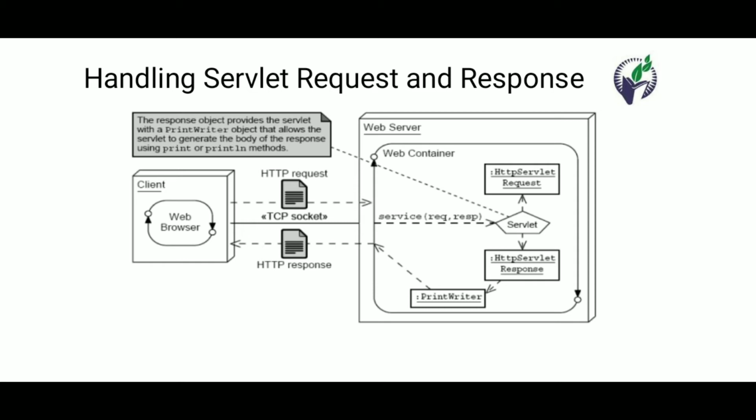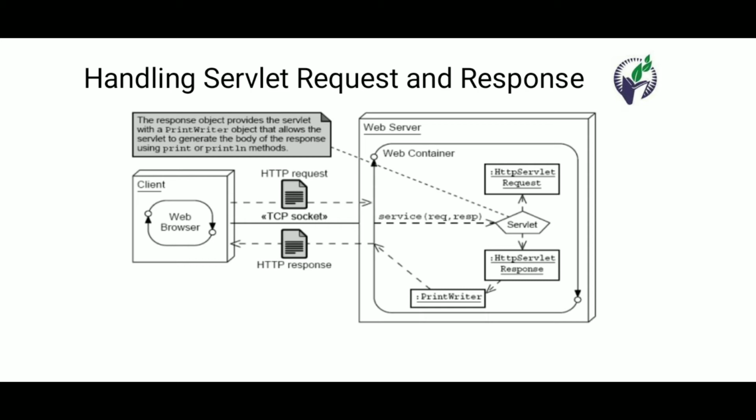So using HTTP servlet response, the response is generated and stored, and to display the response we just need the print writer class. Using the print writer class the response is displayed and sent back to the client.